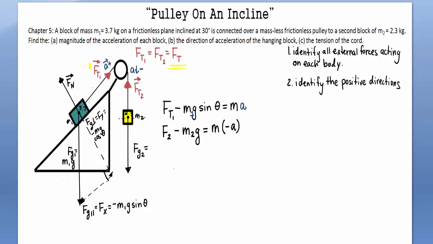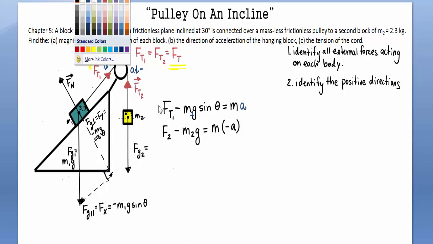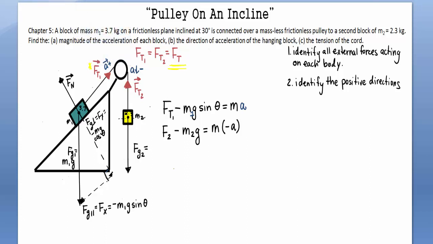So now remember I said for equation solving, this is EQ1, this is EQ2, I would just drop the subscript of 1 and 2 for FT because they are equal.